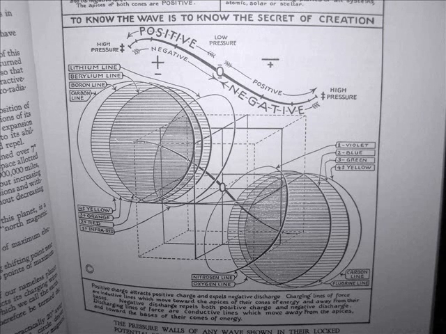Negative discharge repels both positive charge and negative discharge. Discharging lines of force are conductive lines which move away from the apices and toward the bases of their cones of energy. The pressure walls of any wave shown in their locked potential positions. These pressure walls are the basis of the elements and the controlling planes of all systems.